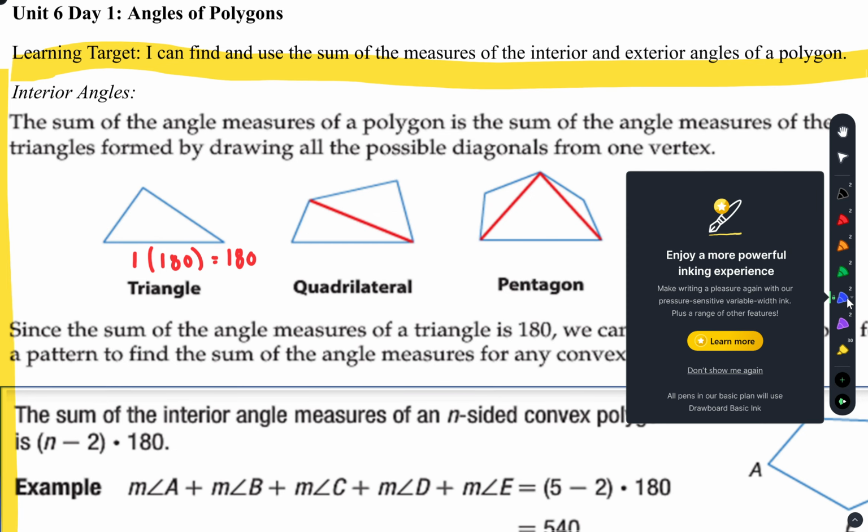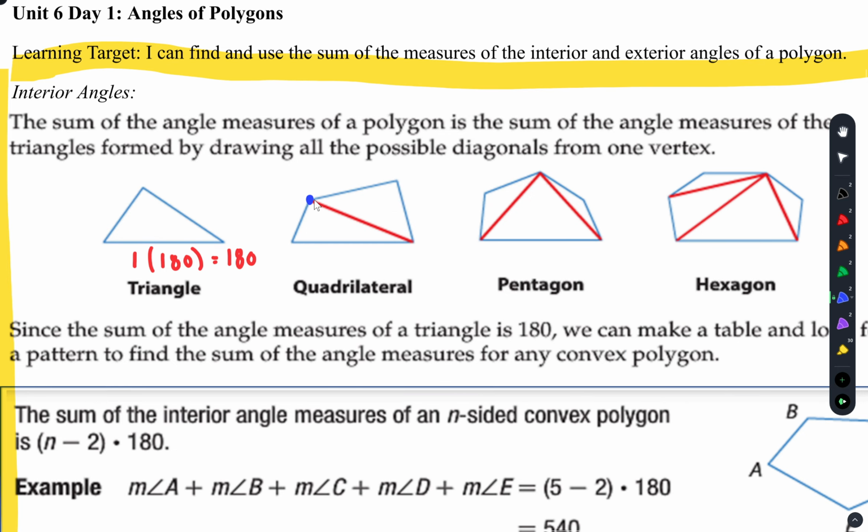So I'm going to start at one vertex, draw a line through my shape, and divide it into triangles. I have 2 triangles here. They don't overlap. They encompass the entire shape. To figure out the sum of the interior angles of a quadrilateral, I would do 2 triangles times 180 to get 360 degrees.